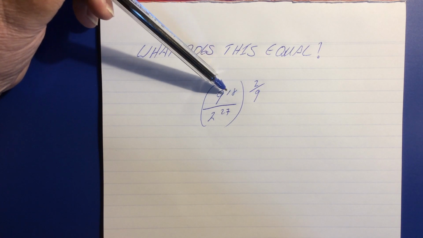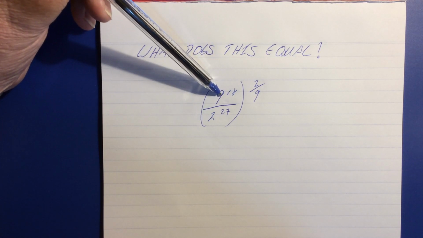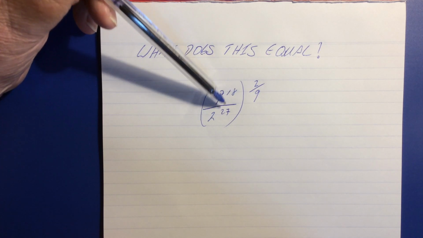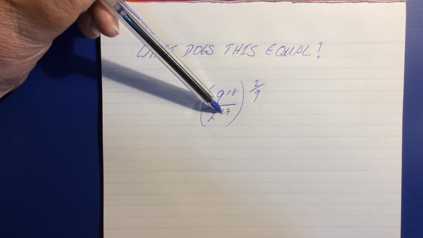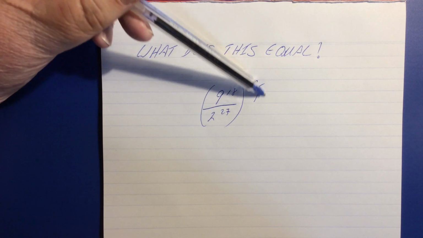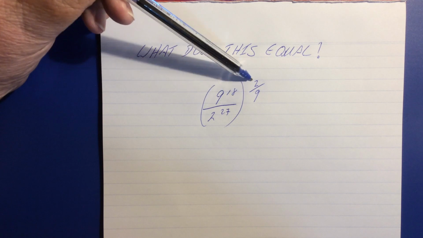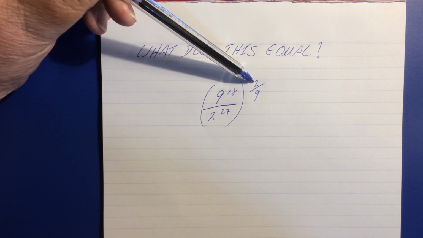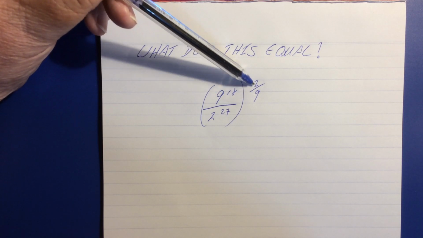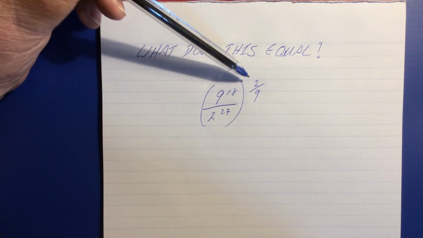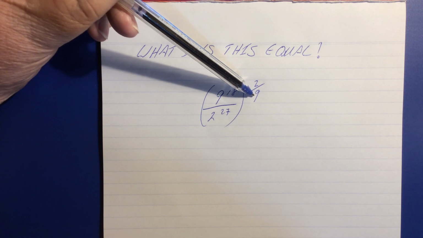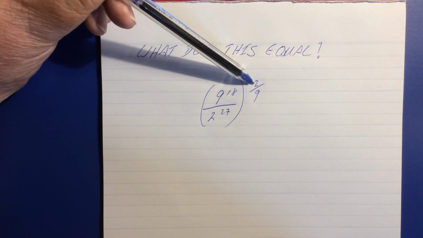Okay, so we have a fraction here, and each part of that fraction is raised to a different power. And outside here we have what's called a fractional index. The important thing to note about a fractional index is that it's got 2 parts. Each one of these parts does a different job, and it's possible to do those jobs one at a time.